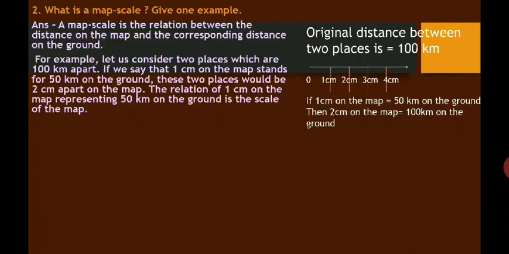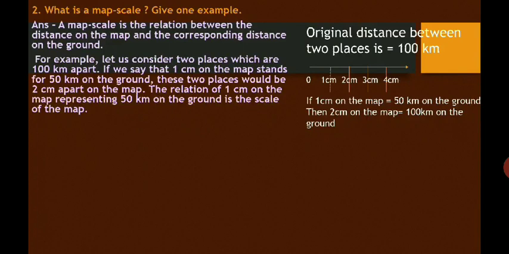As we learned, when we draw a map, we cannot represent the actual distance on the ground on a map, so we need a map scale.